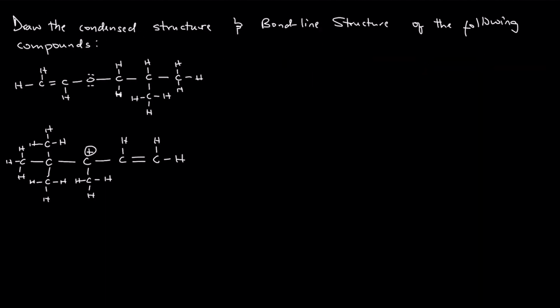For your own exercise, I want you to practice on your own by drawing the condensed structure and the bond line structure of the following compounds before we keep going.